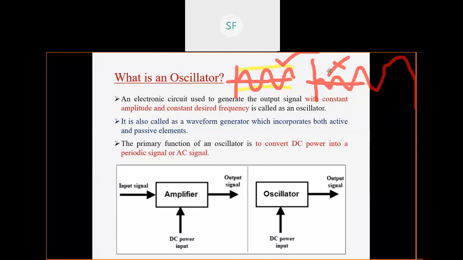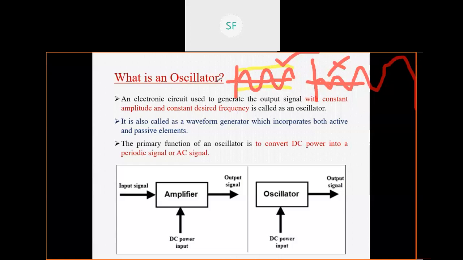All right. So you must understand the difference between damped oscillations. This is called overdamped, and earlier it was underdamped. But we want undamped oscillations, that is the oscillations whose amplitude is constant, neither increasing nor decreasing.